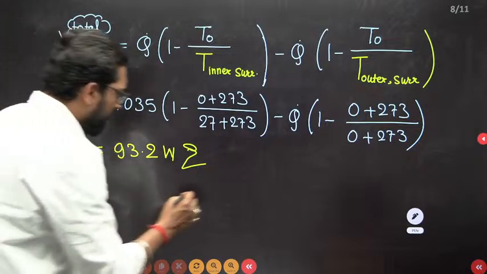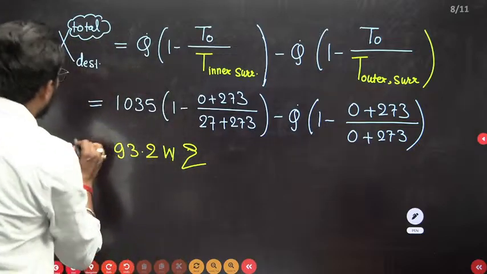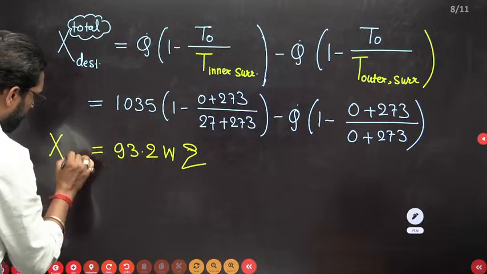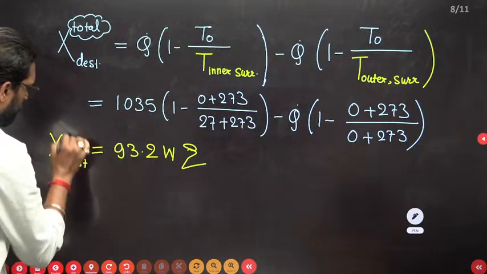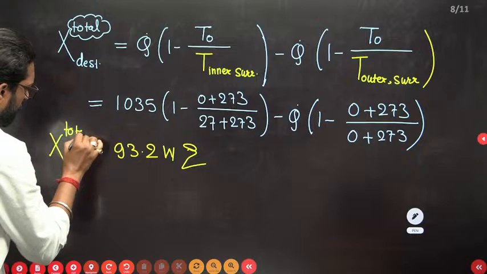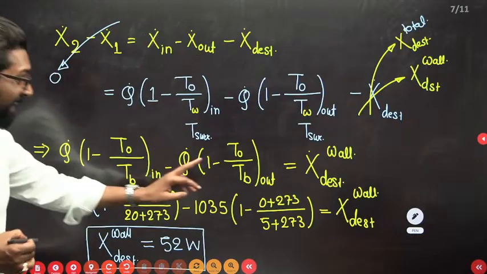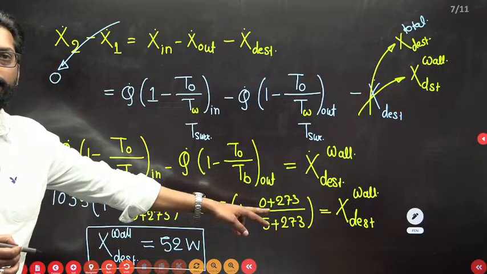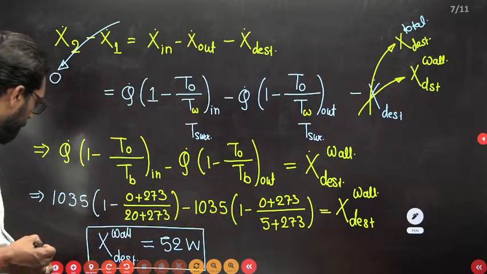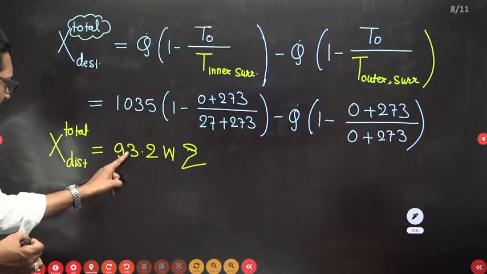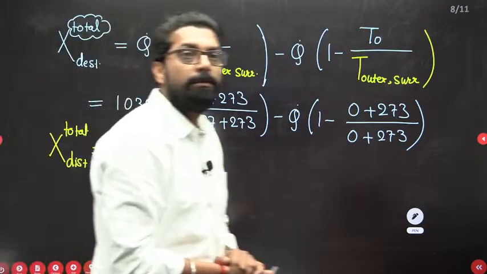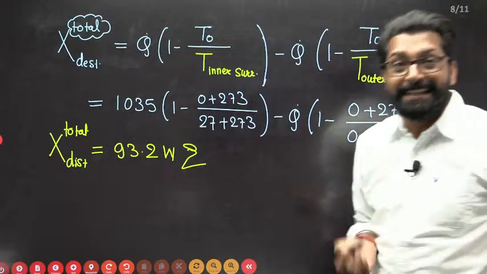So my dear, this is your total exergy destruction. That means this is a total irreversibility, and this is your internal irreversibility. If you differentiate this one, there is a certain value. What does that value indicate?